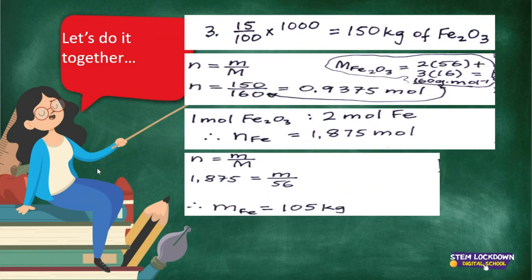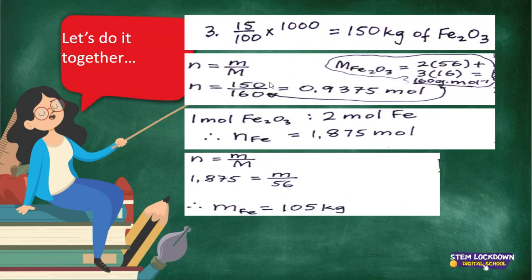So this will be 0.9375 multiplied by 1,000, which will give you 937.5 moles.